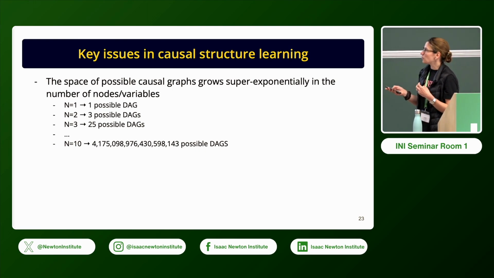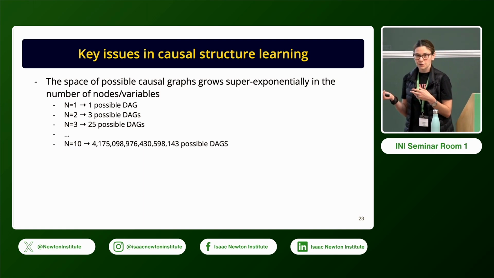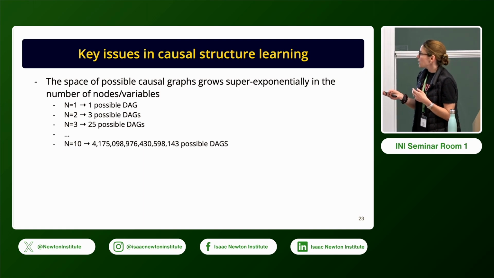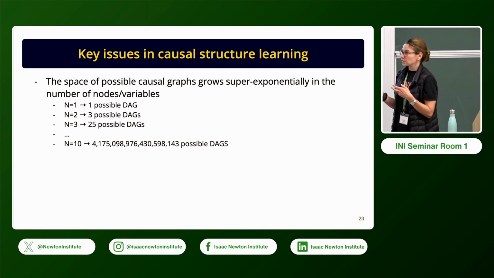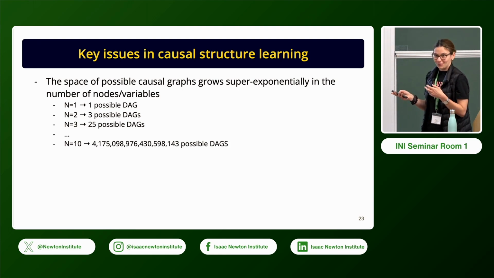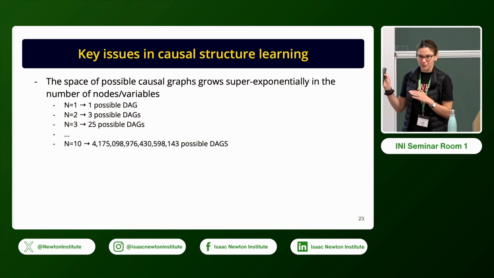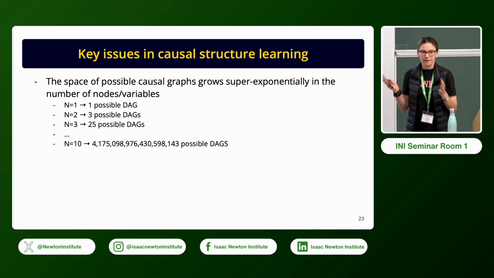So if you have only one node, you have one DAG. If you have two nodes, you have three possible DAGs. By 3, you already have 25 possible DAGs. And for n equals 10, you have a lot. I don't know how that compares to the number of particles in the universe, but it's probably getting close, right? And this is only n equals 10.